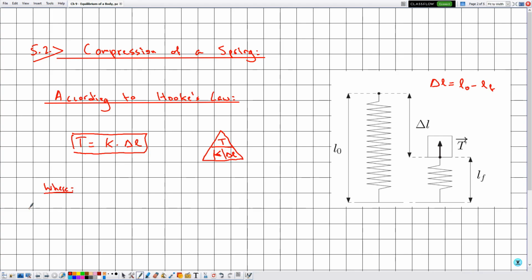Where T is the tension in the spring, K is the stiffness of the spring, and recall that its SI unit is given by Newton per meter.